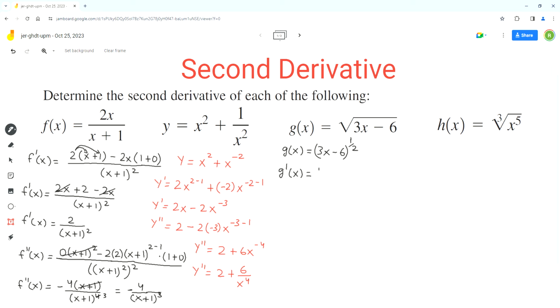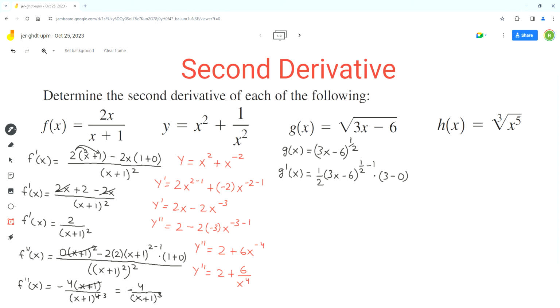So we'll move 1 over 2 to the front, and then times 3x minus 6, and then the exponent will subtract 1, times the derivative of the inner function, and the inner function is 3x minus 6, so the derivative will be 3 minus 0.